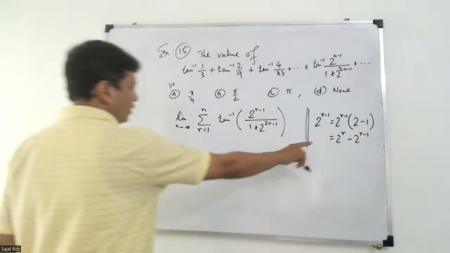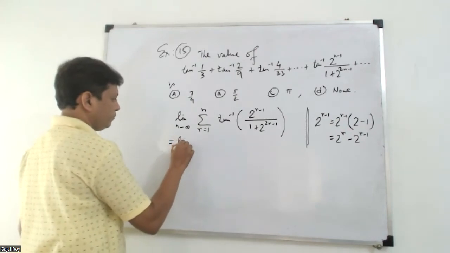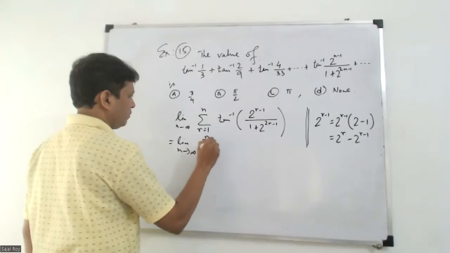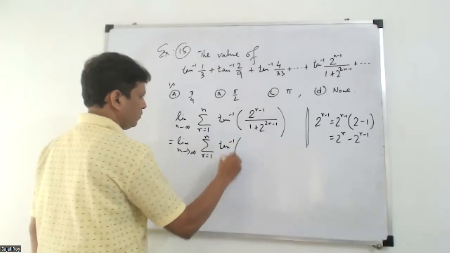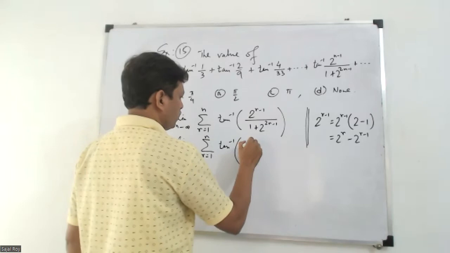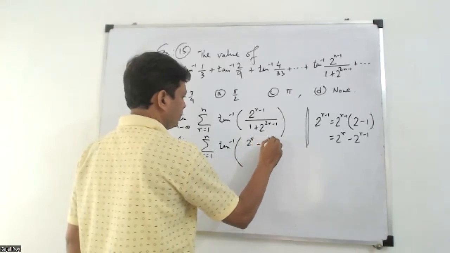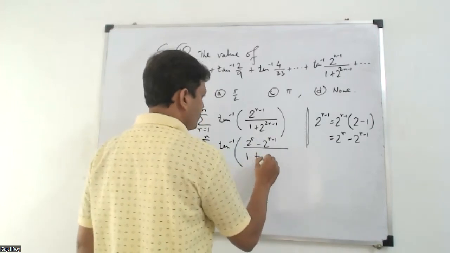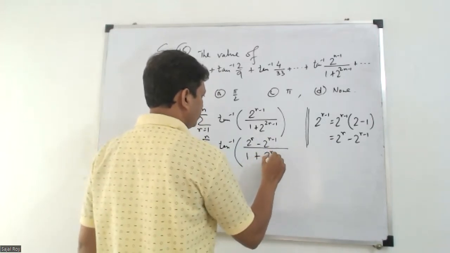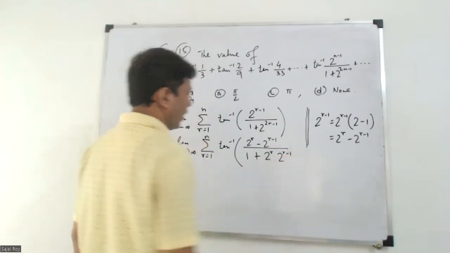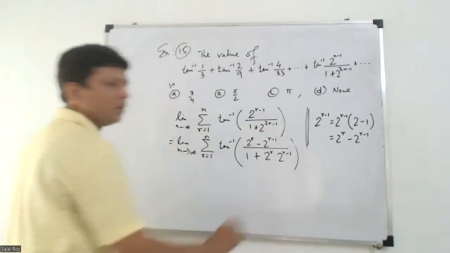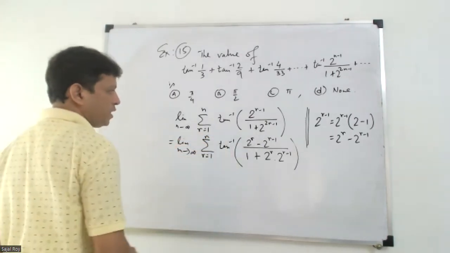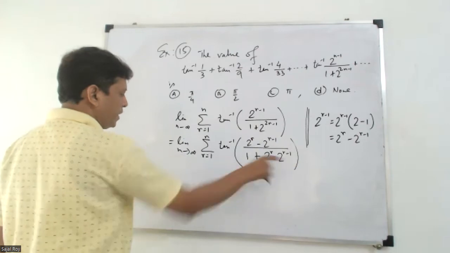Look at the calculation. Correct? Now you have a form of tan inverse A minus tan inverse B by 1 plus AB.